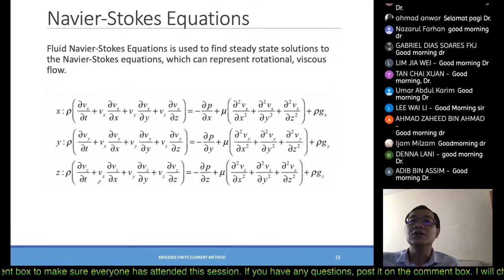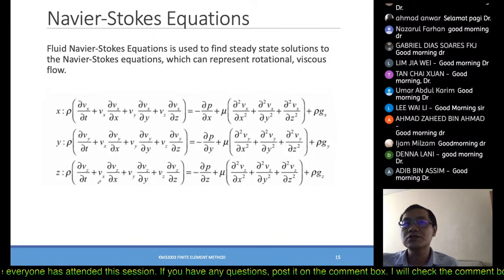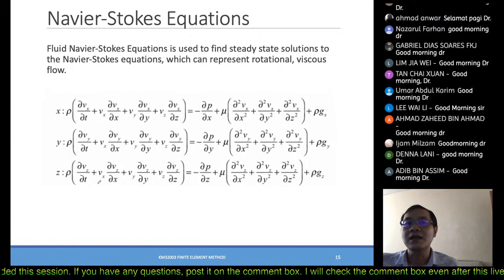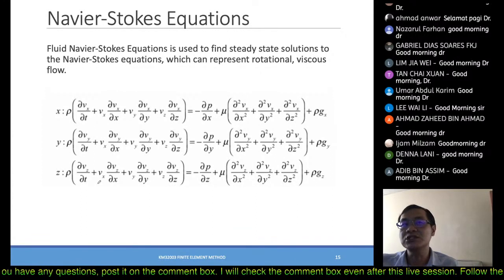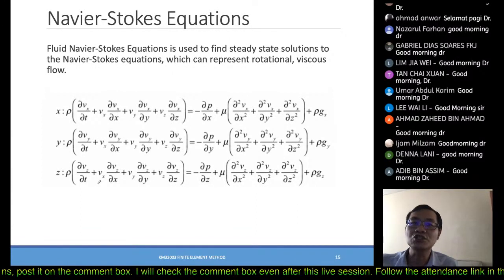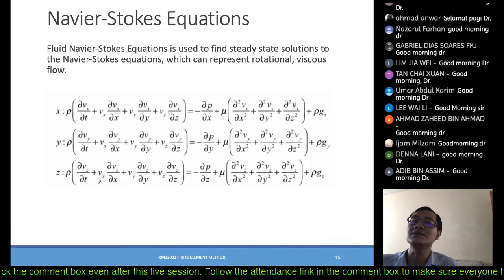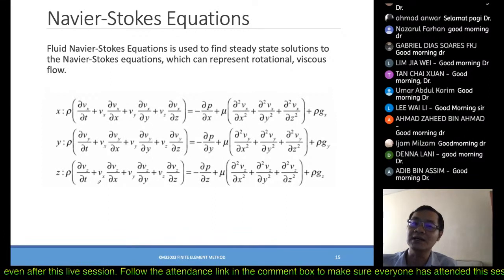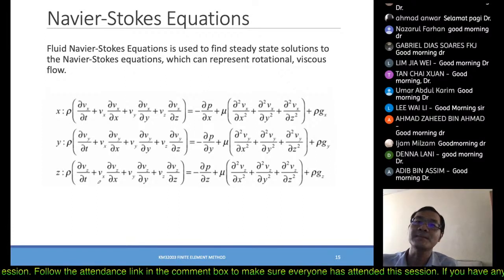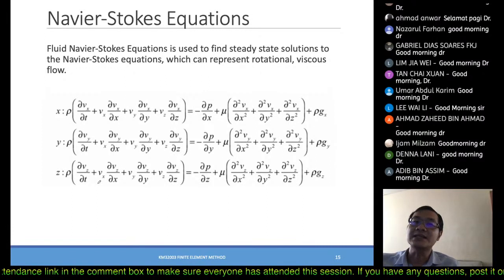And then we can also use LISA, and it has another option to solve using the Navier-Stokes equations, a very famous general fluid equation, to find the steady state solutions.